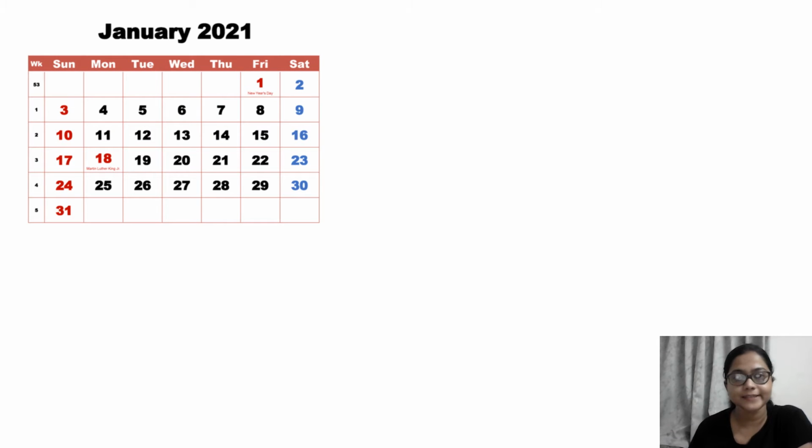Again, see the Saturday column, that means the last column. We have 5 numbers here, and the numbers are 2, 9, 16, 23, 30. We have an odd number of numbers in this sequence.